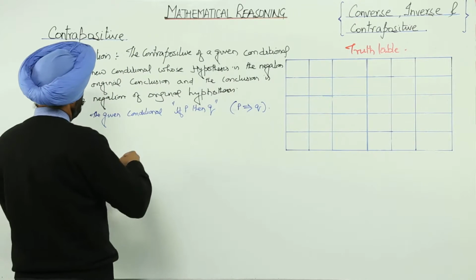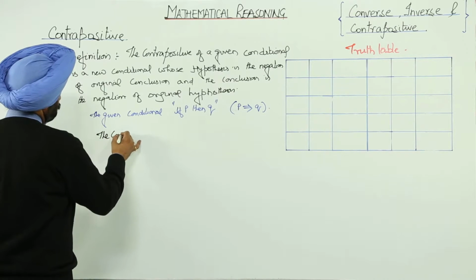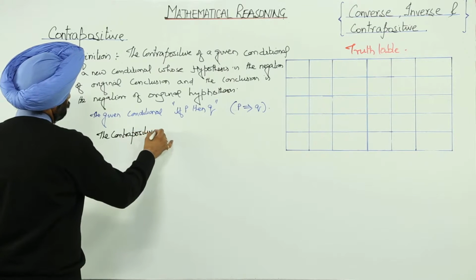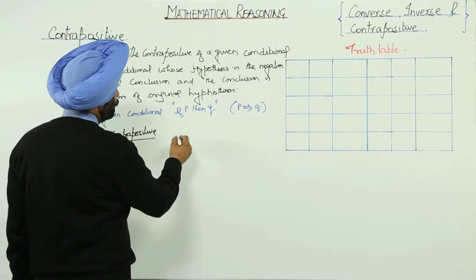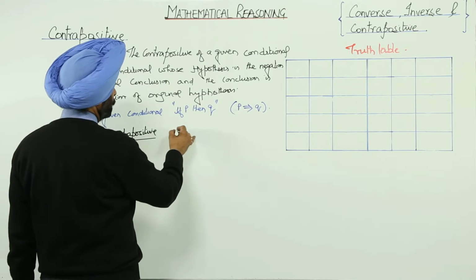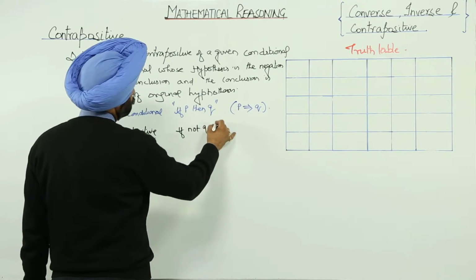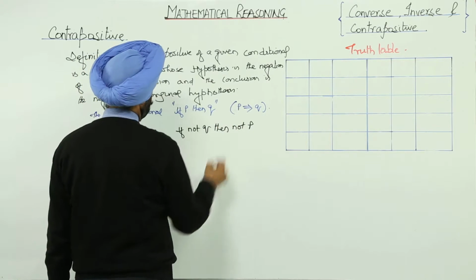Now the contrapositive, it will be if not Q then not P.